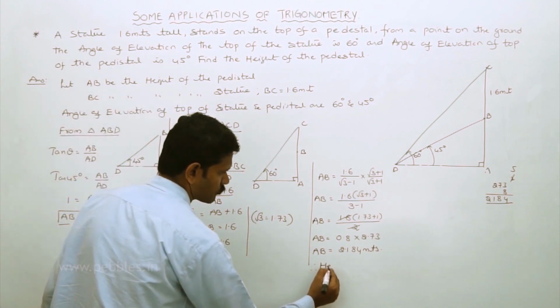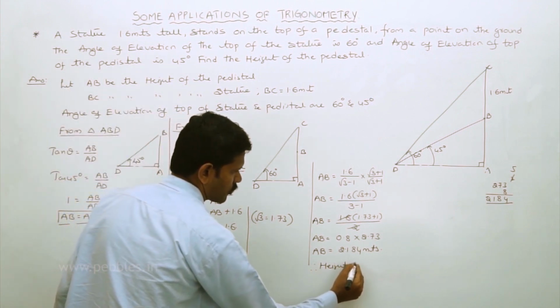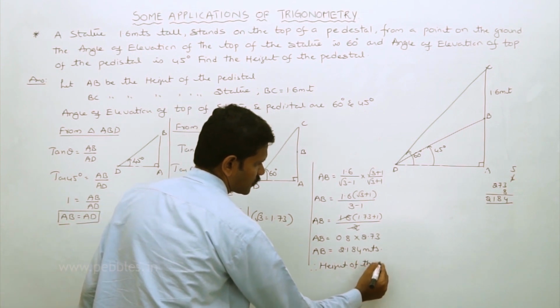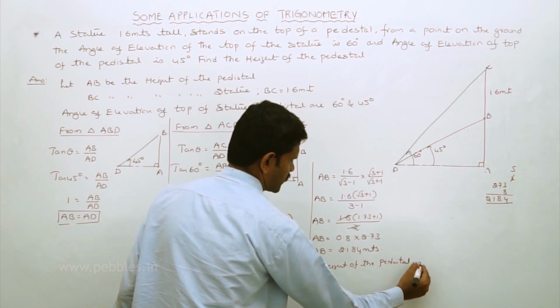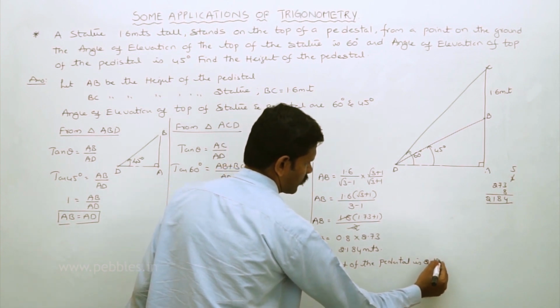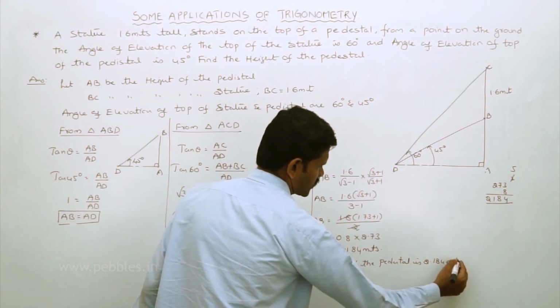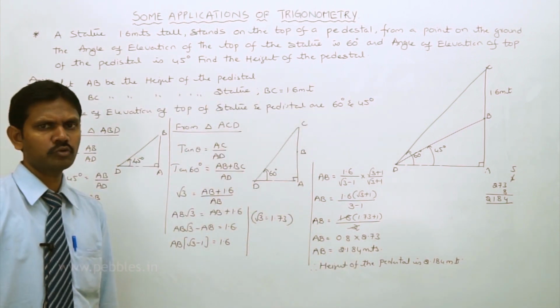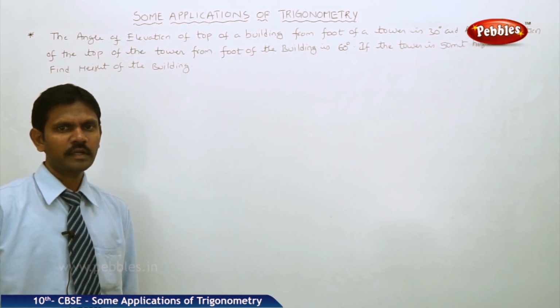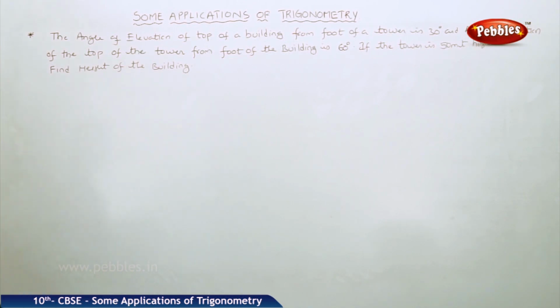Therefore, the height of the pedestal is 2.184 meters, approximately 2.2 meters. Let us see the next example.